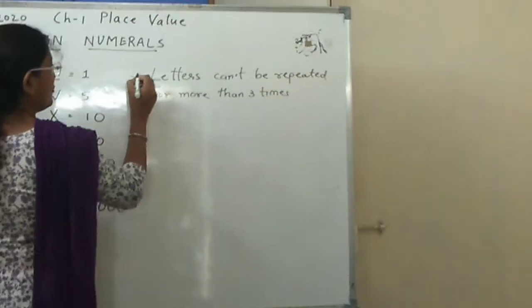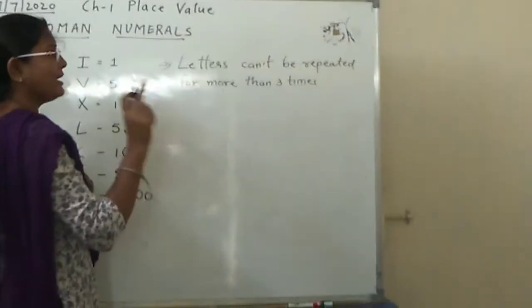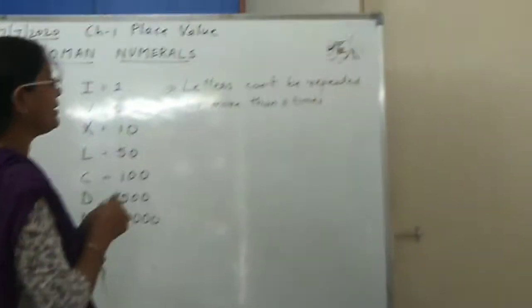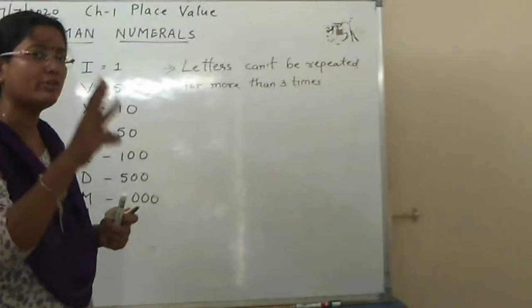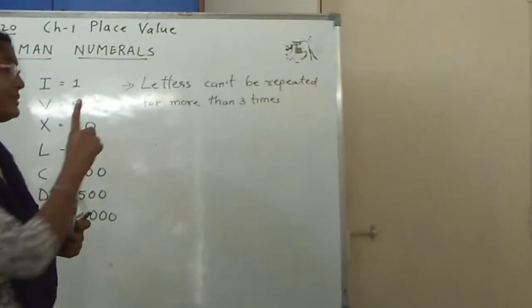First rule is that the letters can't be repeated more than 3 times, which means maximum 3 times they can be repeated.